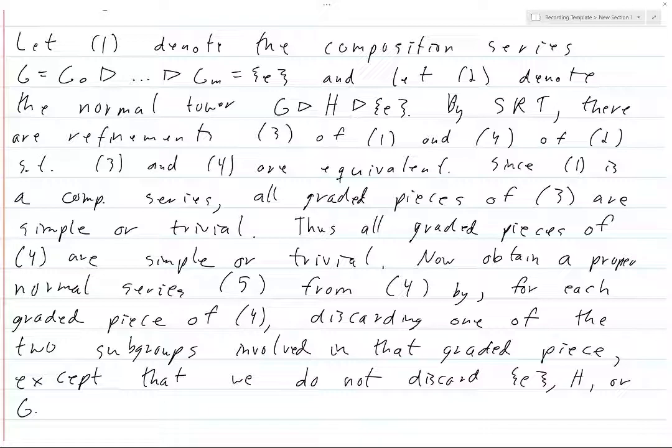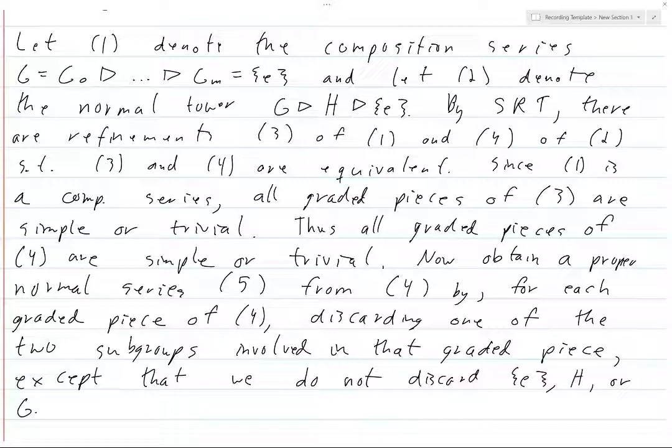And once you throw it out, we're still going to be left with a normal tower. That's because if the graded piece is trivial, then everything will still be fine. The only thing we have to watch out for is, are we sure that we can make this so that we don't throw out E, H, or G?